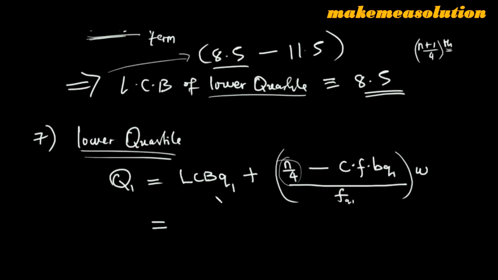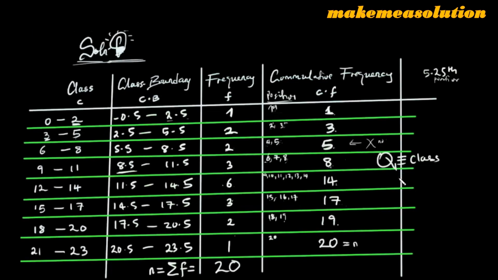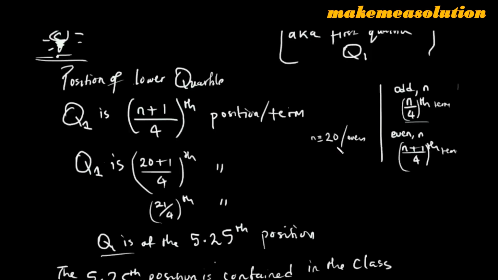Now let's find the lower class boundary of the first quartile, which is 8.5, then plus n over 4, 20 over 4, minus the cumulative frequency before the lower quartile class. Now this is the lower quartile class, everything here. This is the cumulative frequency of the lower quartile class, but this is the cumulative frequency before, which is 5. Is that okay?